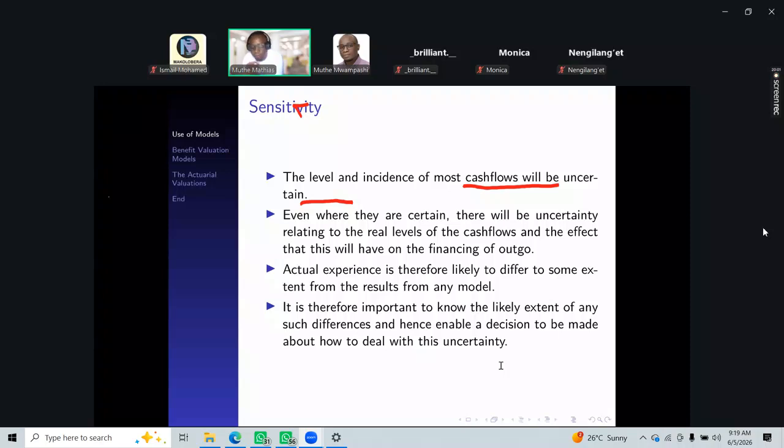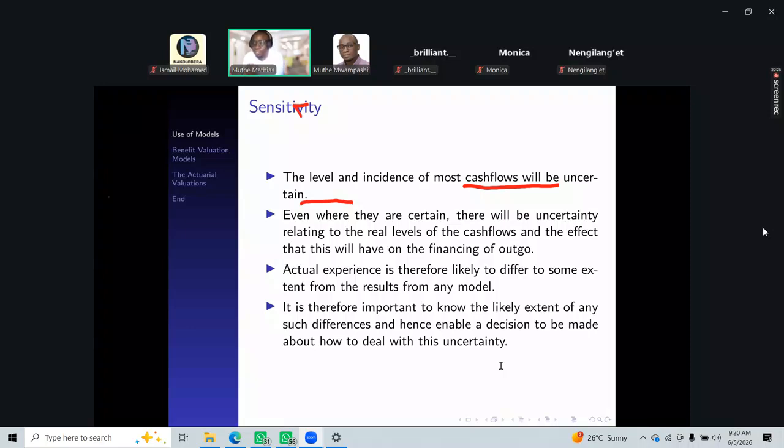The objective varies here, because you can check how sensitive the model is, or you can check how sensitive the output is to changes in actual assumptions. What I'm doing here is about changes in assumptions. So if you change assumptions, how is the output going to change, right?